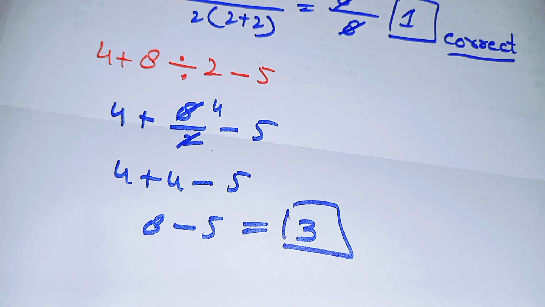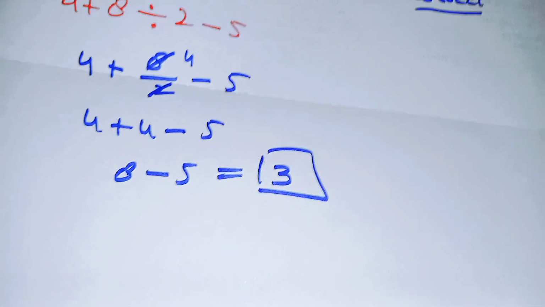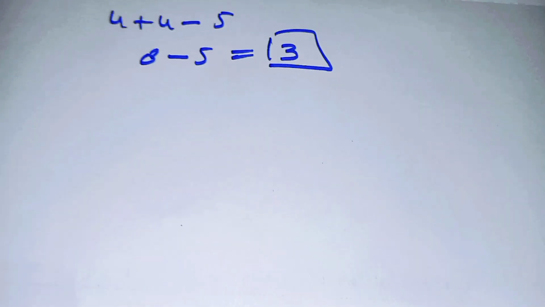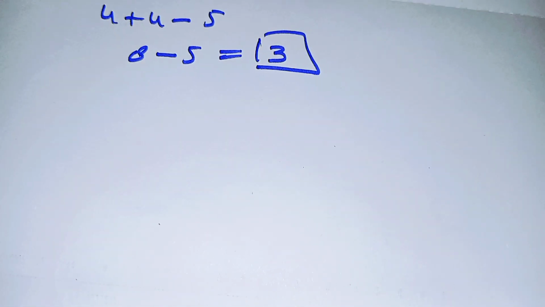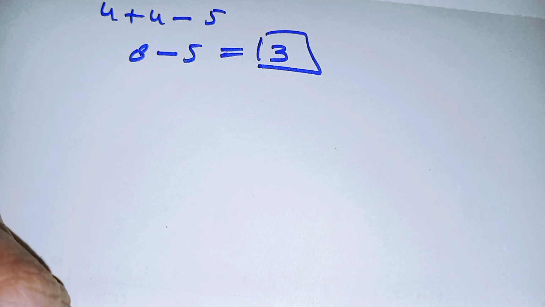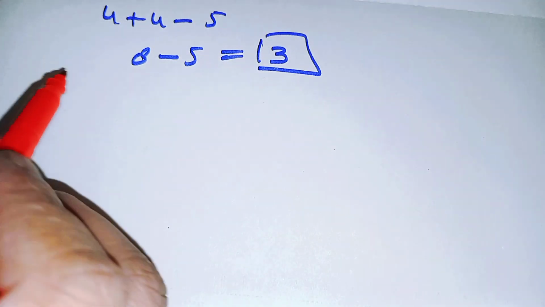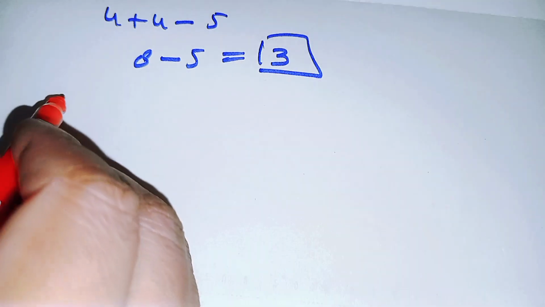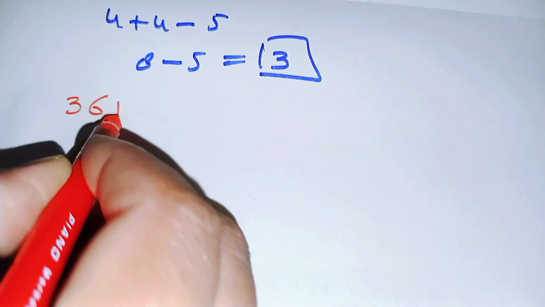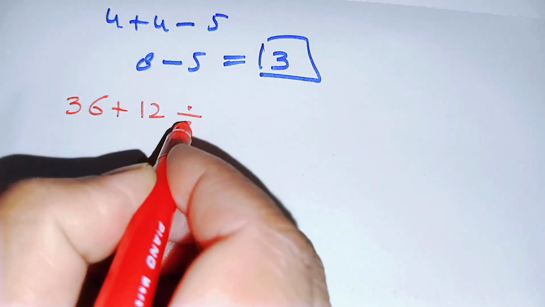Here again is a nice question on the BODMAS rule: 36 plus 12 divided by 3.